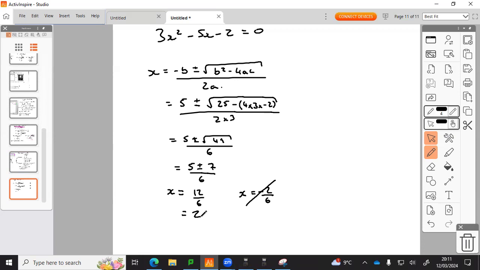So if x equals 2, the length is equal to 3x, it tells you that in the question. So 3 times 2, 6. I don't know why that went wrong. Where did that go wrong? That is the right answer, by the way, so that's correct.